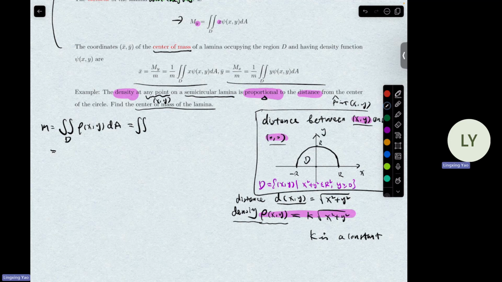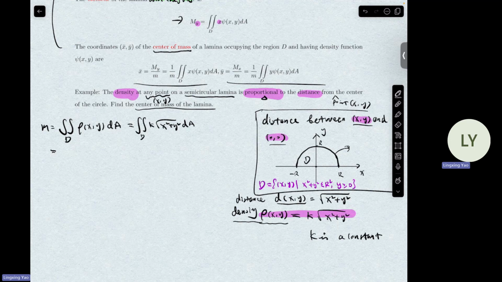So now we have the constant k times the square root of x squared plus y squared, and here we have dA over D. If we want to write this as an iterated integral, we have to make sure we set up the boundary correctly.